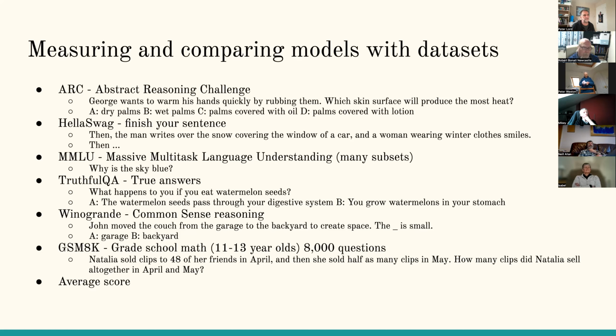And what you'll often see when you publish large language models is the results of these sorts of tests, but also probably an average score across them. So using these data sets, these tests, is really the way that the industry measures large language models, and whether today's large language models are better than yesterday's. But one thing that's probably already occurred to you is that the large language model could already be trained on these questions.